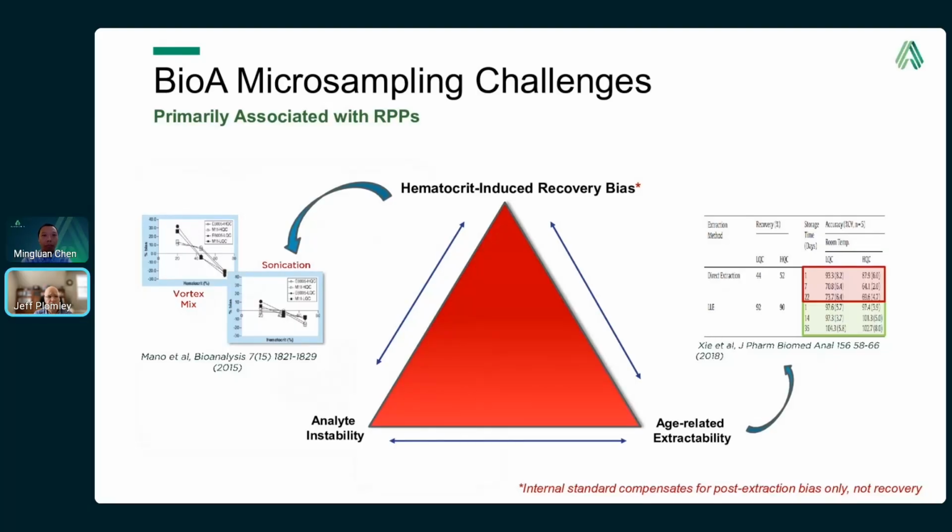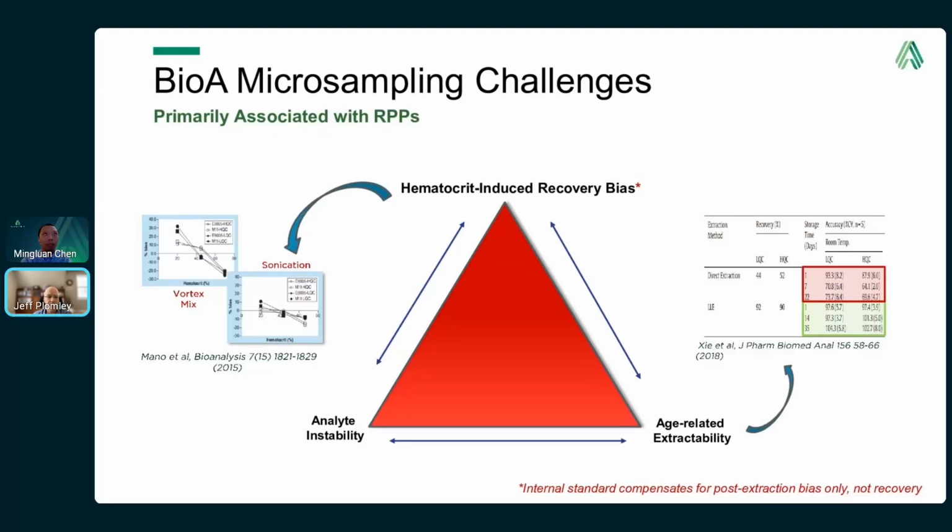And this tends to be more predominant with the highly porous rigid polymers, the Tasso, the Mitra, and that's due to increasing erythrocyte concentrations that can trap analytes in the pores of the media. And in bioanalysis, it's important to recognize that because our internal standard is not on the sampling substrate, it cannot compensate for variability in analyte recovery.